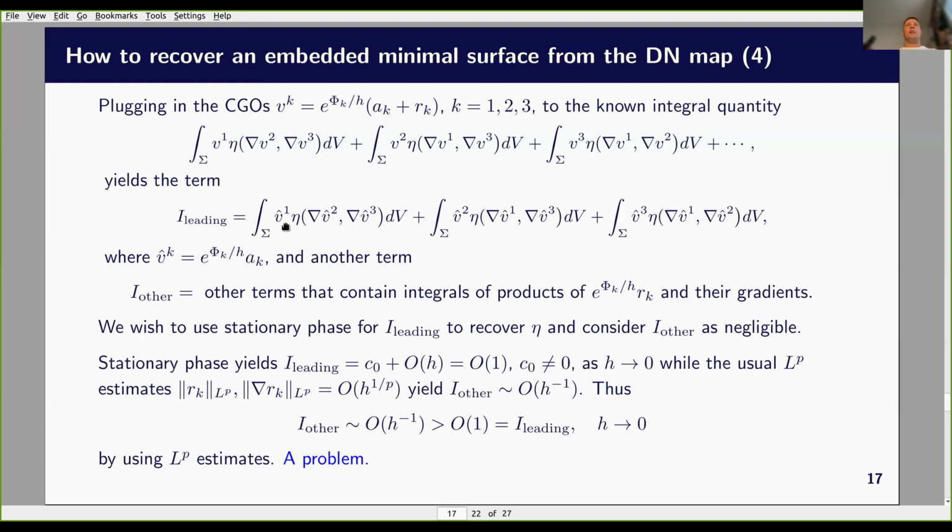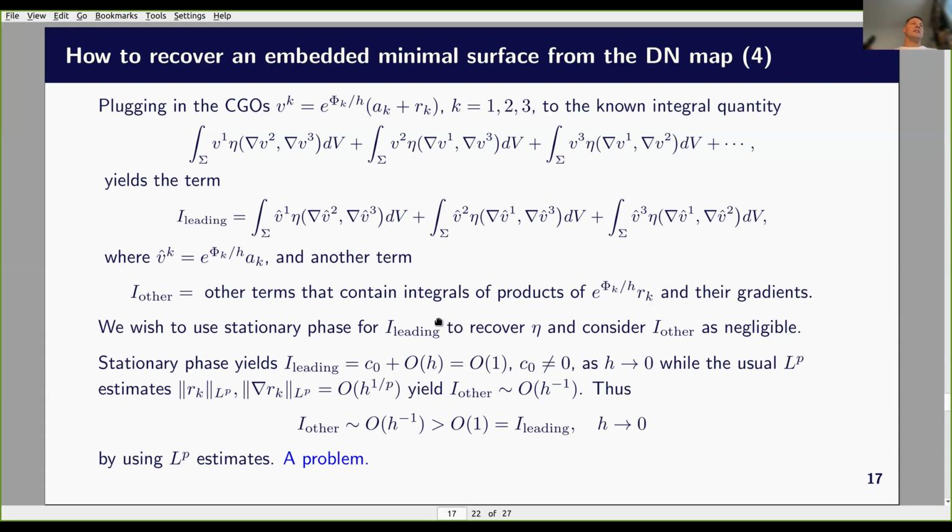First, I will have the terms where I have v1 hat, v2 hat, and v3 hat, and these hatted quantities are just the CGOs without the correction terms. What is left are terms which I call I_other, and these are terms in this integral where I have at least one of these correction terms R_h or its gradient.